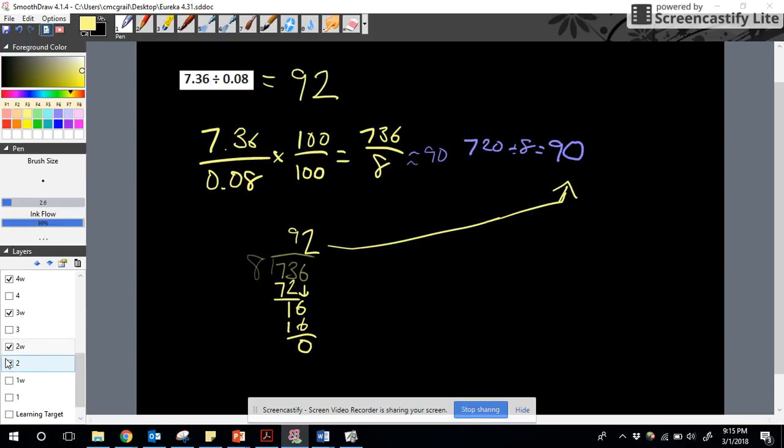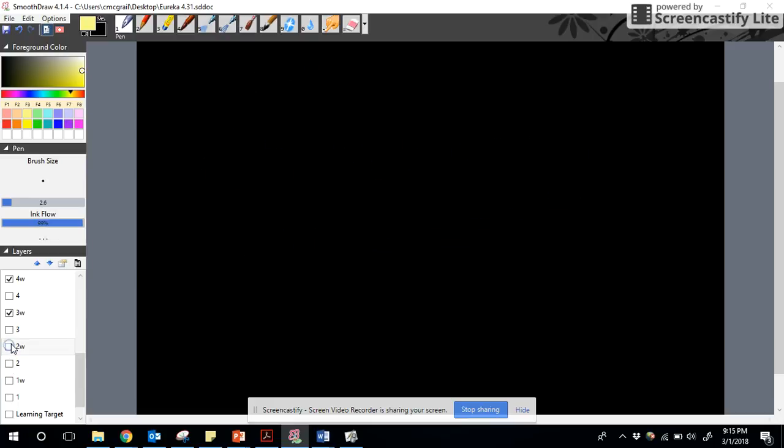Let's take a look at our third and final problem that we're going to do together. Here is problem number 3. 21 and 56 hundredths divided by 98 hundredths. Step 1, rewrite as a fraction.